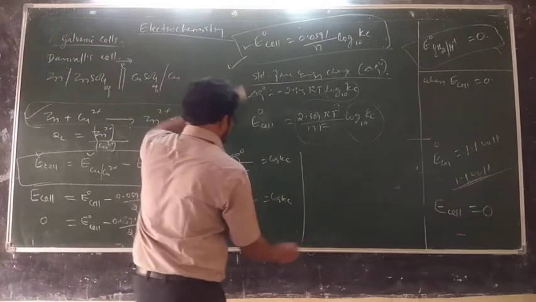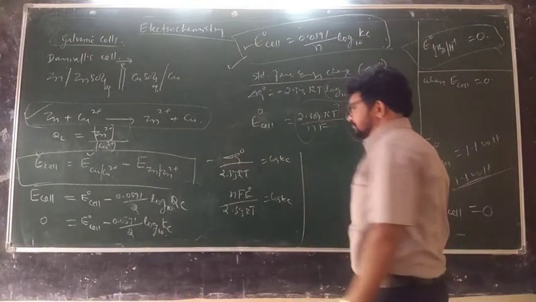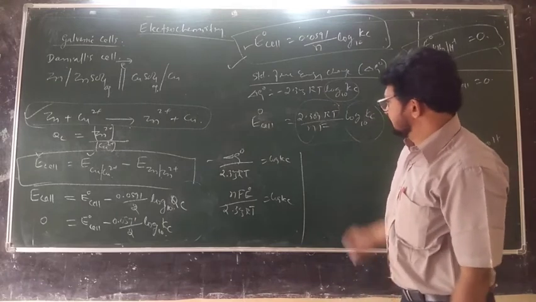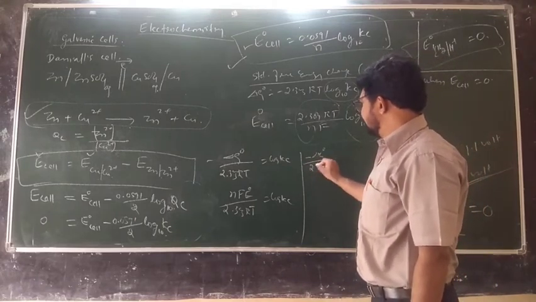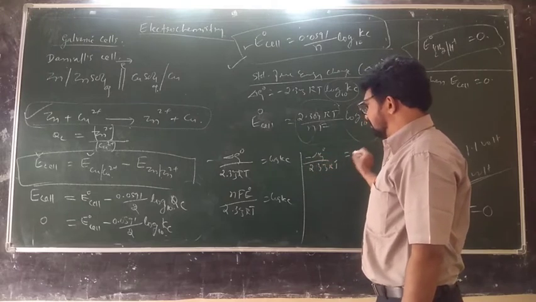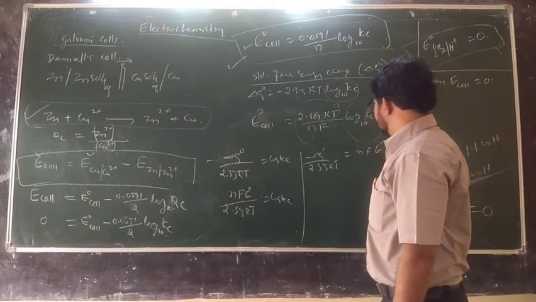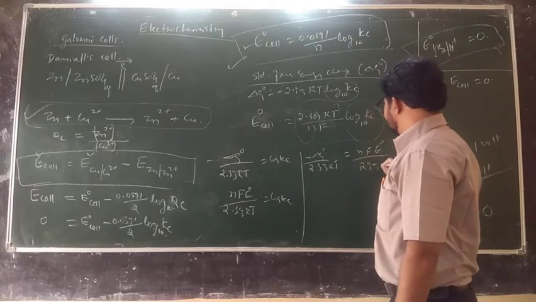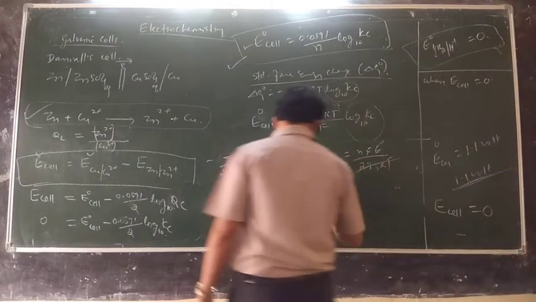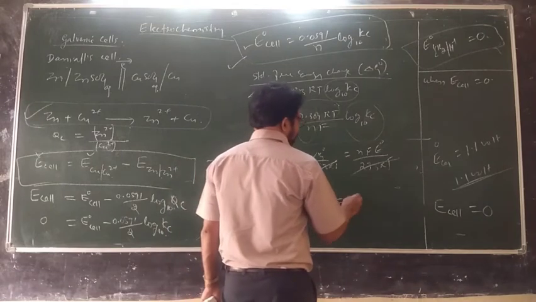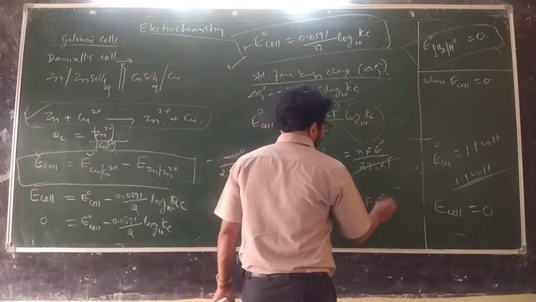Correct? So both are log Kc. What will happen? Minus delta G naught divided by 2.303 RT equal to NF E naught divided by 2.303 RT. The 2.303 RT cancels. So finally, very very important, delta G naught equal to minus NF E naught.